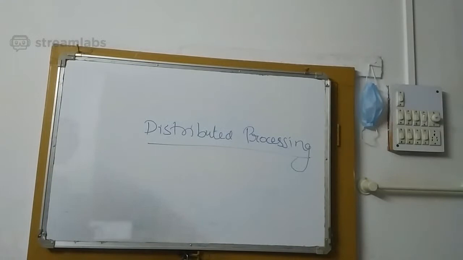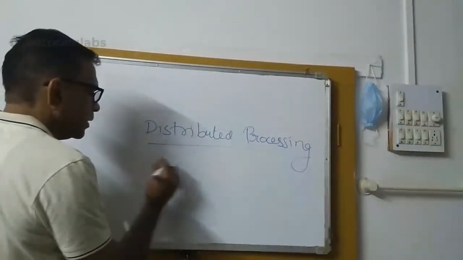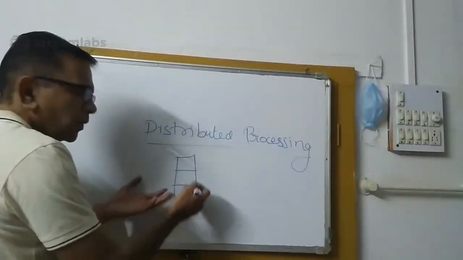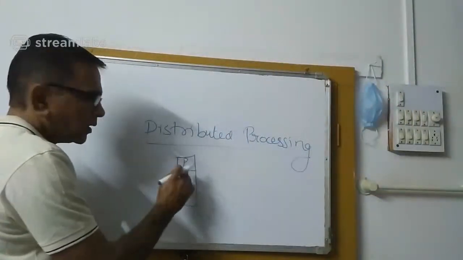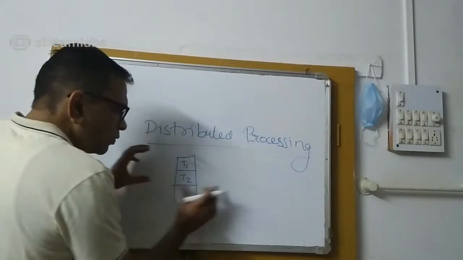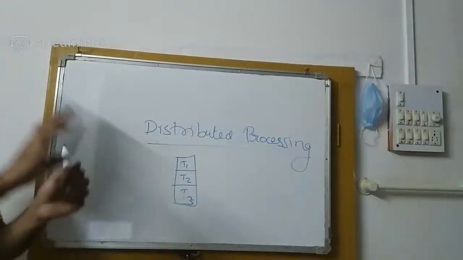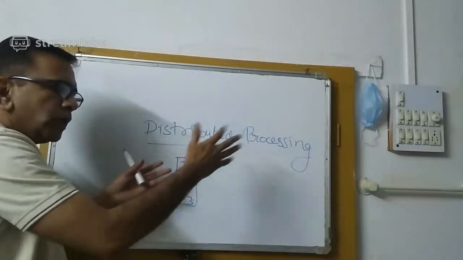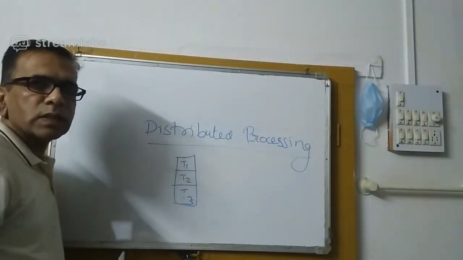For understanding, I am representing the given task in the form of a box. I am going to divide this into three smaller subunits, and these subunits will be taken care of by different computers in a system. You distribute it to multiple computers, and they take care of processing these tasks.